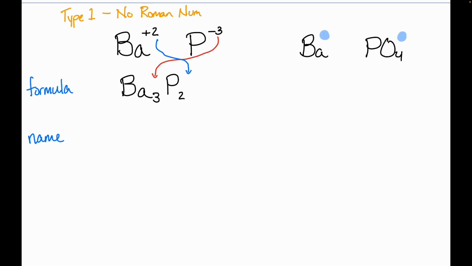I can tell that because it lives in the first 2 columns on the periodic table, where I get to know its charge just by looking at the periodic table. Because of that, I don't have to include the charge in the name, just the element name, barium. And then the P with the -3 charge is phosphide, right? IDE ending when it's all by itself.